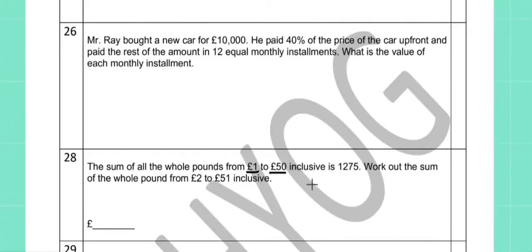In question number 28, the sum of all whole pounds from 1 pound to 50 pounds is given as 1275. So we don't need 1 pound in our calculation, we need from 2 pounds to 51 pounds. So from the total we will subtract 1 pound, which is the first number in our sum.